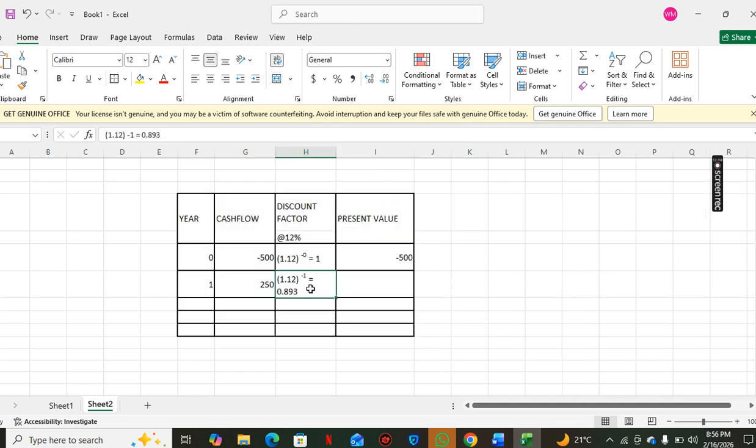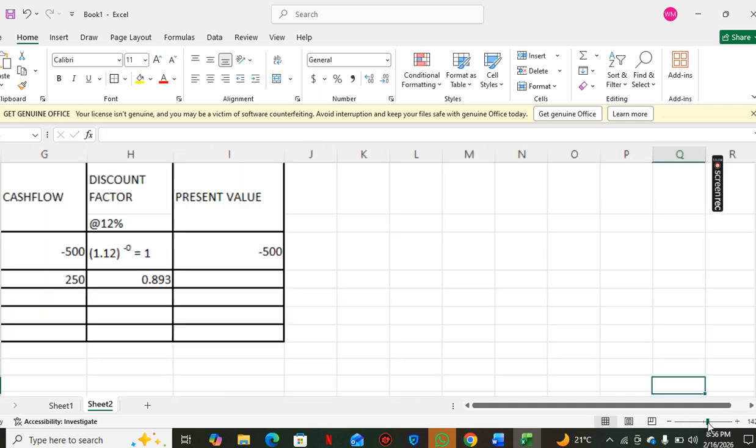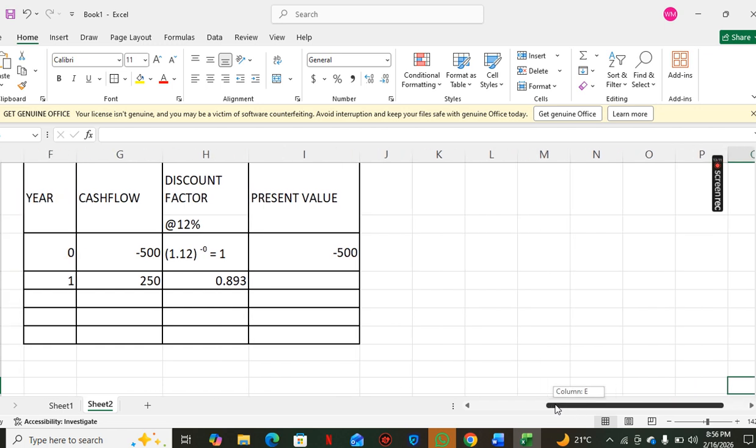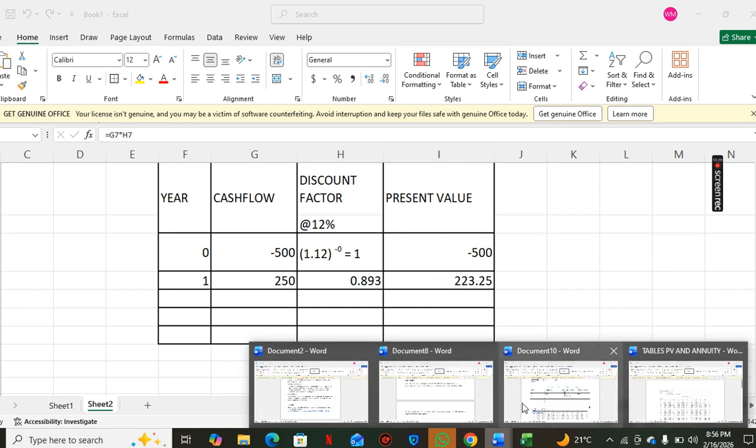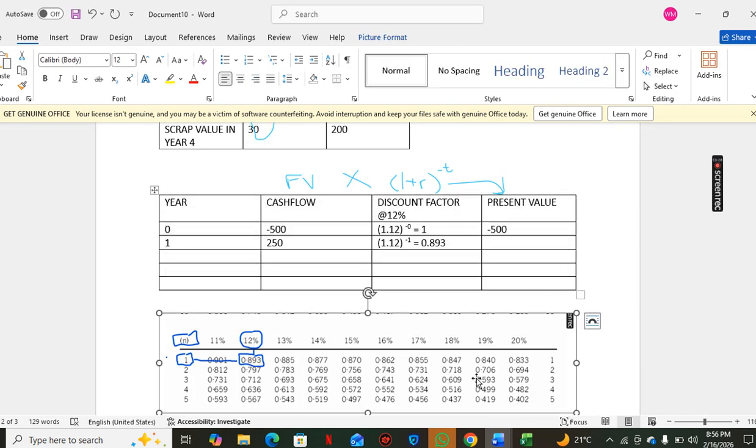Okay, so yes, 1.12 to the power negative 1, 0.893. So our present value, we're going to say 250 times 0.893. We get 223.25. Any questions before I move further?